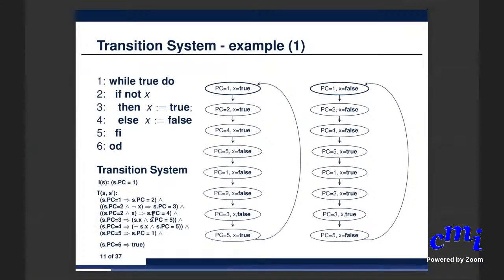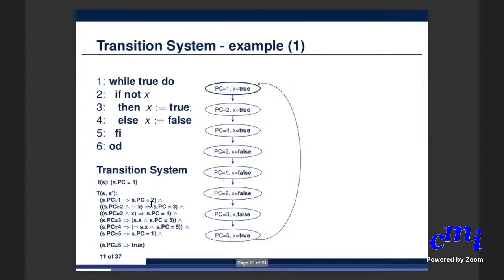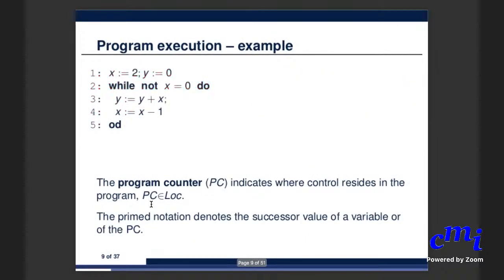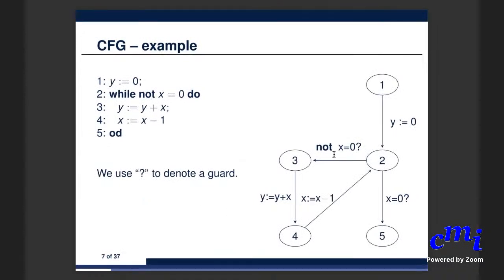You notice that the formula that defines the transition relation is a conjunction of several components, and it has one conjunct for every possible transition. So that's how it's defined.